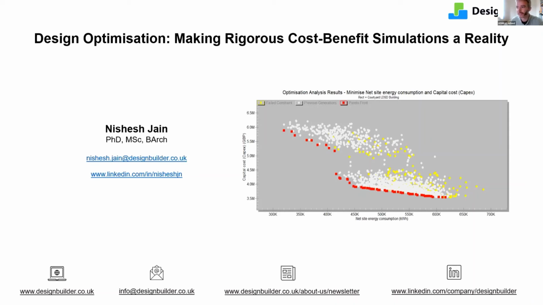Sure. So one was regarding the minimum number of iterations to find the suitable Pareto front. I guess this depends on the case, but is there any general recommendation you have around the number of iterations? So the number of iterations required would depend on the complexity of your design search space, basically how many variables there are and how different they are.